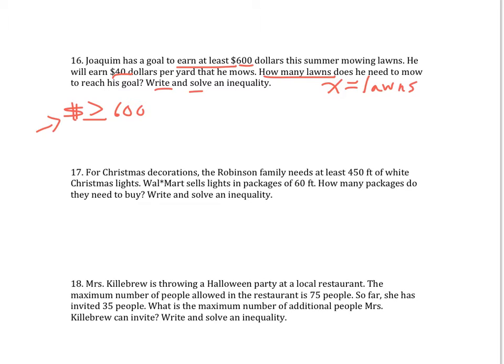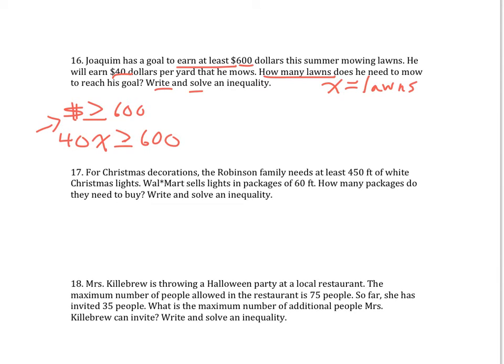The problem tells me he's making money by mowing lawns and he's getting $40 per yard. So if he gets $40 per yard, and I multiply that by the number of yards, so 40 times x, I want that number to be bigger than 600.